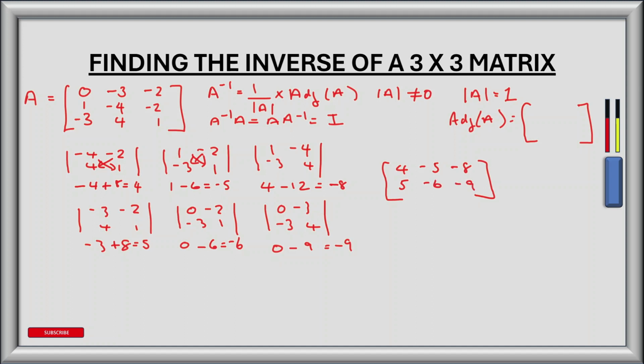Last but not least, we look at the third row of matrix A. Eliminate the rows and columns associated with each of the elements. So starting with column 1, row 3, we can eliminate column 1, row 3, and we're left with -3, -4, -2, -2.